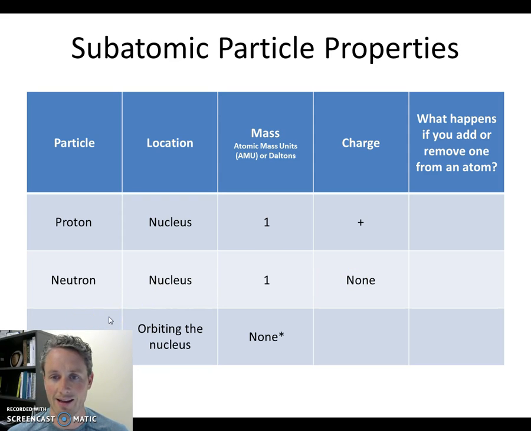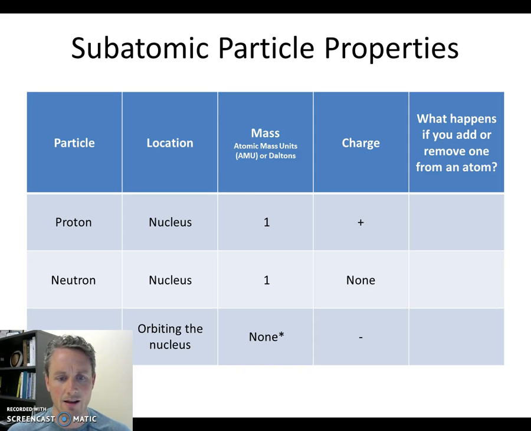Electrons, on the other hand, I would have named negatrons. That would have been much more informative to me. But instead, they did call them electrons. Electrons have a negative charge. So we have these 3 details about each of our subatomic particles. Again, we'll come back to this last column and fill in that little bit of information later.